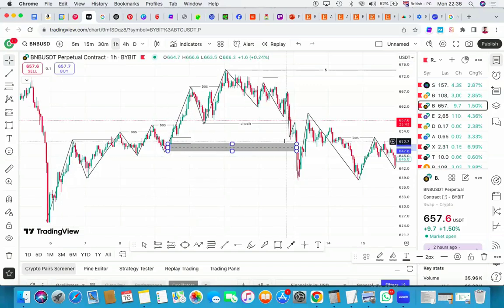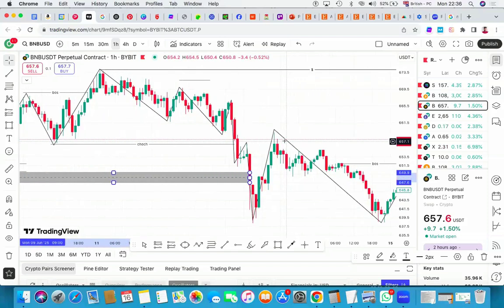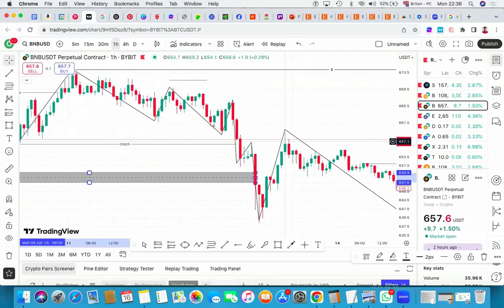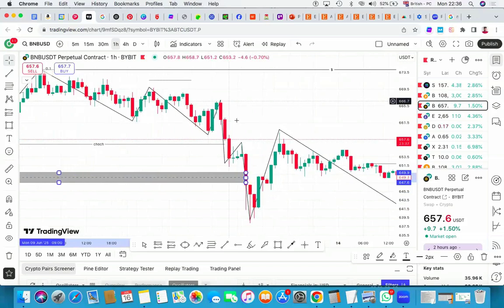But what I want you to understand is that to identify a fair value gap or an imbalance, you have to be able to spot your institutional candle. This is a clear scenario in a downtrend. When we say Marubozu candle, look at this scenario, a very clear example of a fair value gap, which is giving you this.